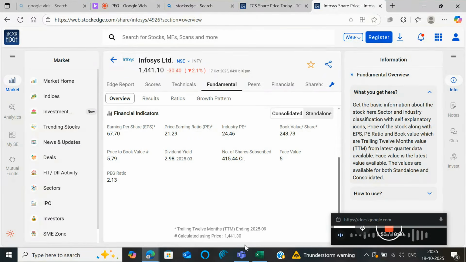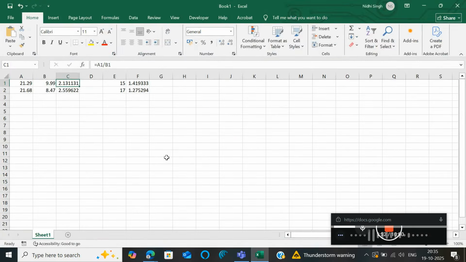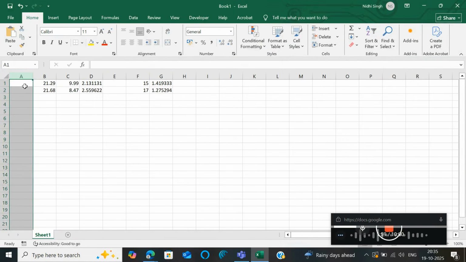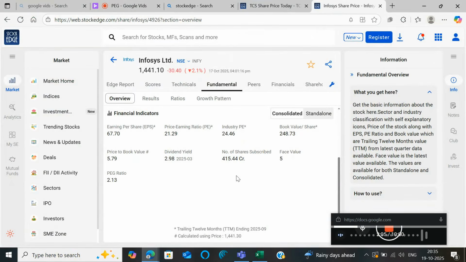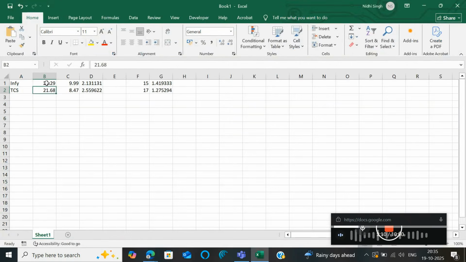Now, how is it calculated? In the case of Infosys, let me add it here: it's Infosys and it's TCS. For Infosys, it is 21.29, which is the PE ratio, and this is the earnings growth.